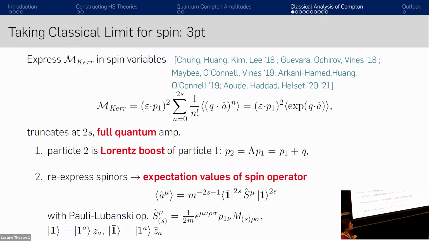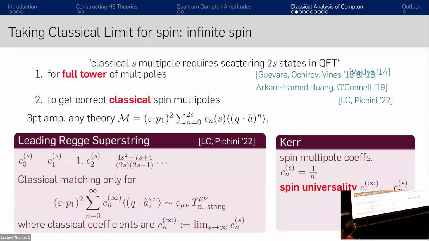In the classical limit, these expectation values of the operator will be identified with the classical ring radius. And the usual law is that a classical multipole of order S requires scattering spin S over 2 states. If you want the S multipole, you should be scattering S over 2 states.